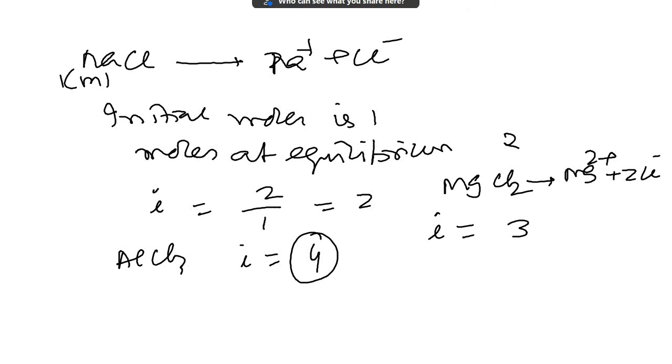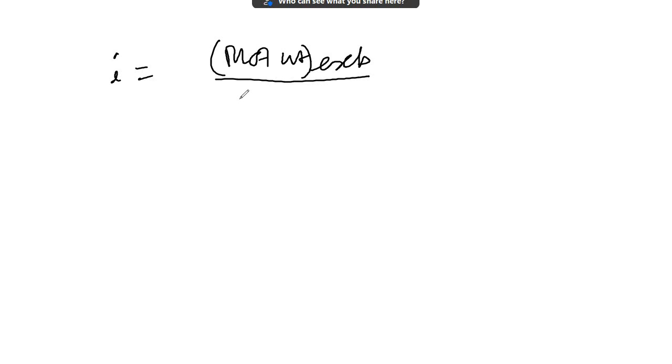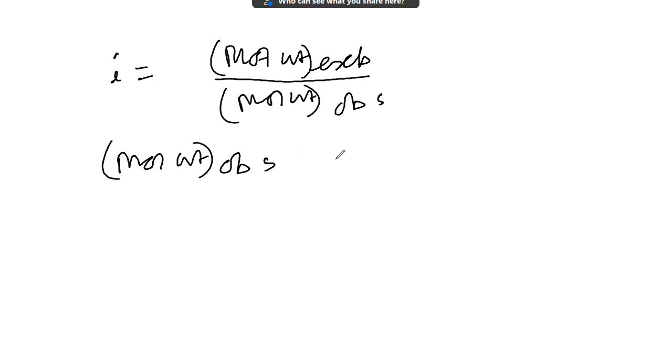Because you know, I have written i equals molecular weight expected by observed. So molecular weight observed will be molecular weight expected by i.